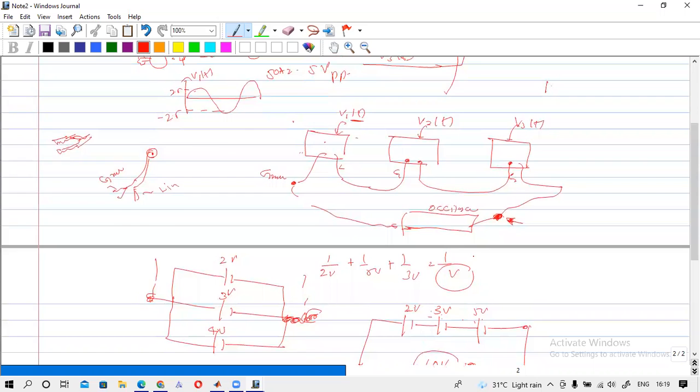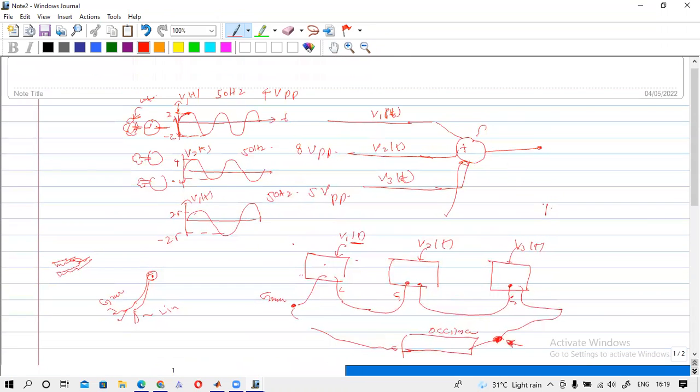In that way you can add these three signals. Here you have to connect the three sources: plus, minus, plus, so the plus is connected to the minus, and this plus is connected to the minus. If you get the output from here, you will get the added signal.